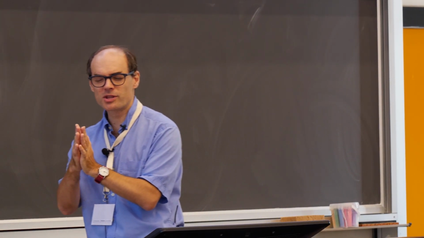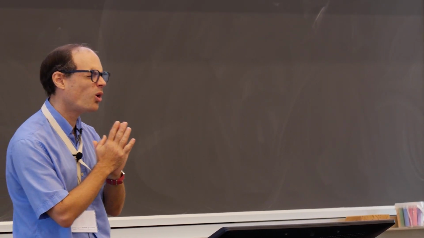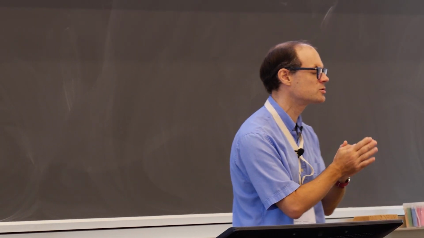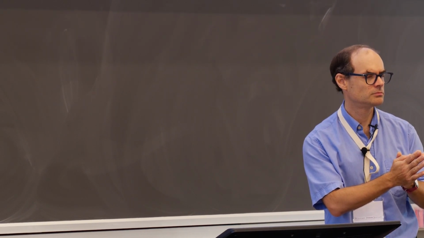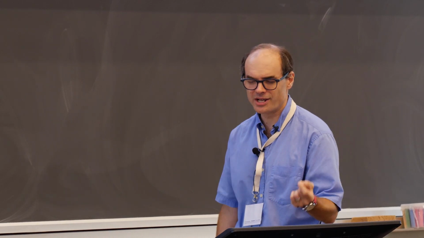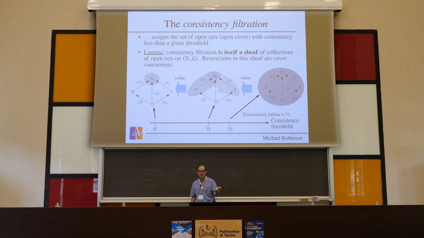So if I start out with a very, very stringent tolerance, say, tell me all of the open sets that are consistent to a value of 0, that says, find me all the places where I have an actual section, which is to say that the assignment is consistent with itself when I move around values all over the category. Well, in this particular example, there's exactly one open set that has that property.